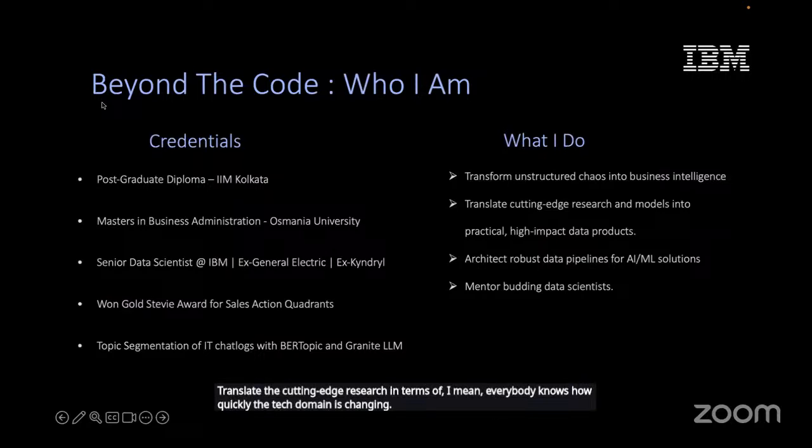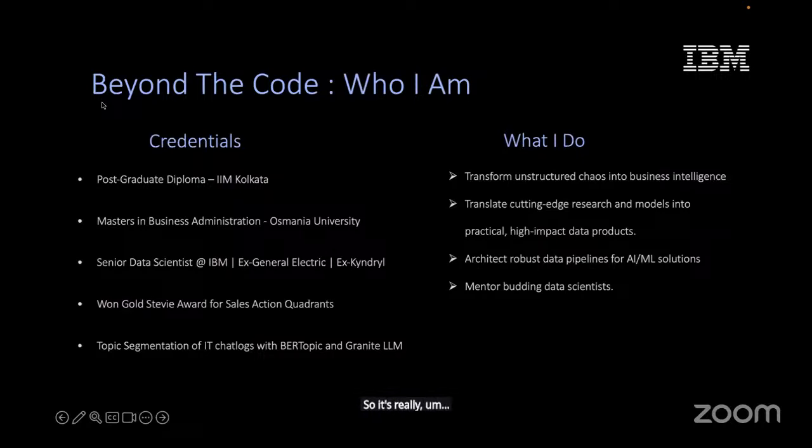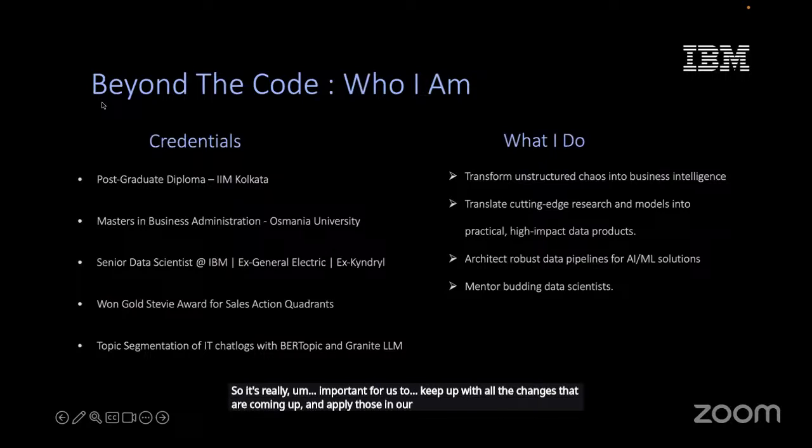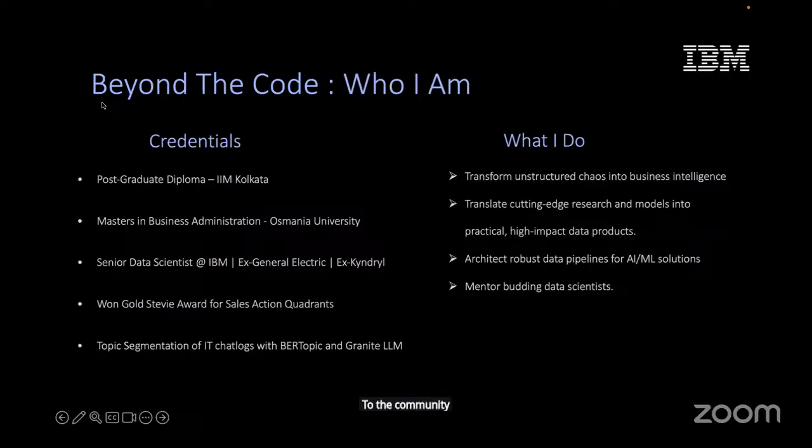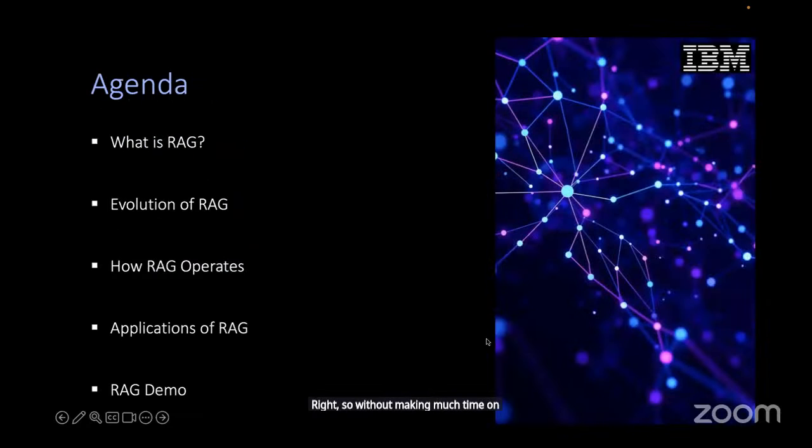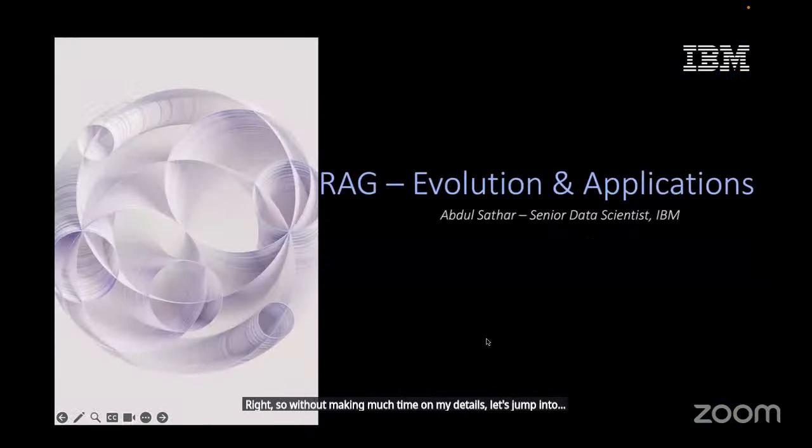So it's really important for us to keep up with all the changes that are coming up and apply those in our real world scenarios. And then one of the key things that I like the most is mentoring budding data scientists, because I think that's one way of giving back to the community based on whatever I have learned so far. Right, so without wasting much time on my details, let's jump into the RAG part.